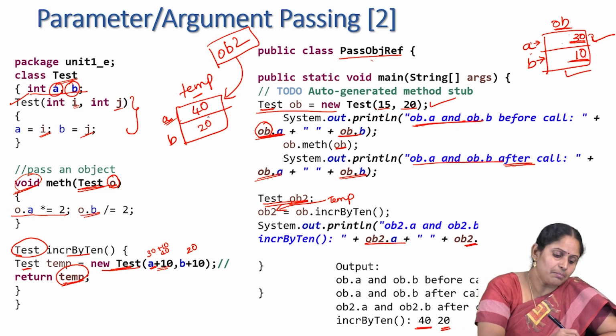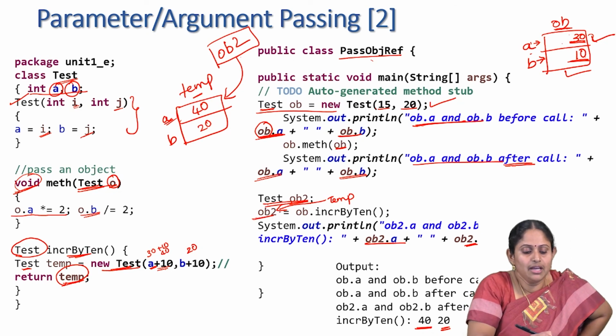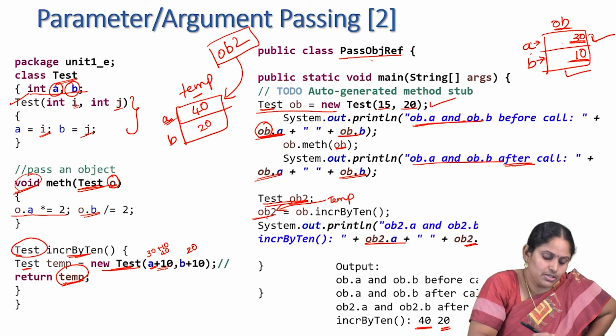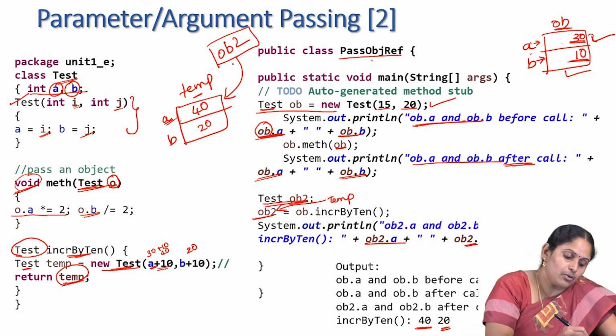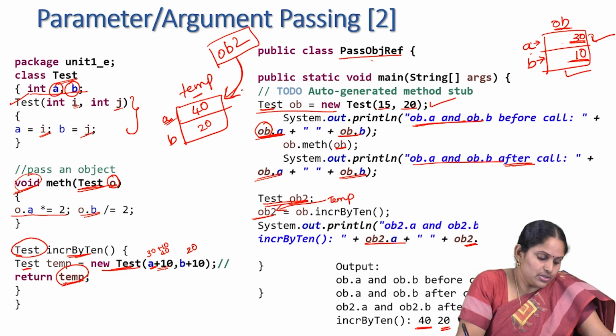So in this case, we are returning the temporary object created inside this method to the main object, and that is being referred by the object reference OB2. OB2 is an object reference made to point to temp.